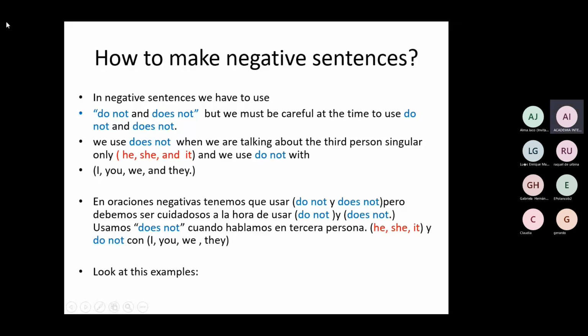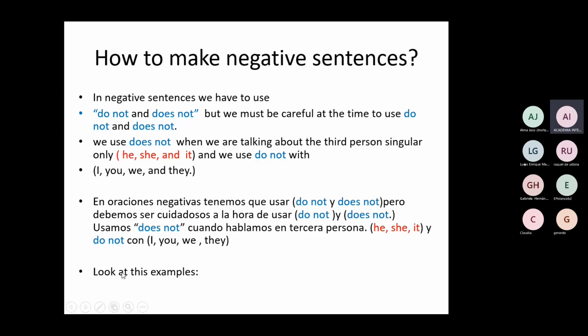En oraciones negativas tenemos que usar do not o does not. Esas son las oraciones, las expresiones. Pero debemos ser cuidadosos a la hora de usarlo, porque nos podemos confundir. Podemos usar uno en lugar del otro, pero debemos de ser específicos nada más. Por ejemplo, cuando hablamos en tercera persona solo usamos does not y do not con estos pronombres.